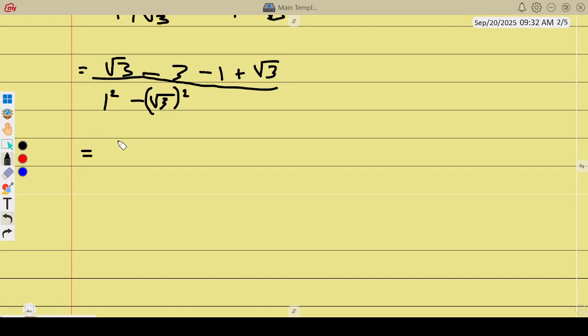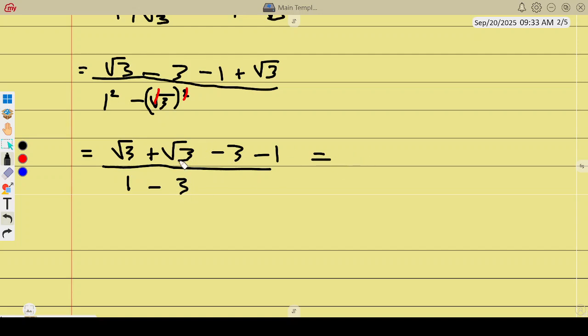You can see we have root 3, and then we also have another root 3, and then we have negative 3 and negative 1 over 1 squared is 1 minus here the root cancels with the power, so this is 3. So when we simplify, root 3 plus root 3 is 2 root 3. This is just the same as saying x plus x, you get 2x.